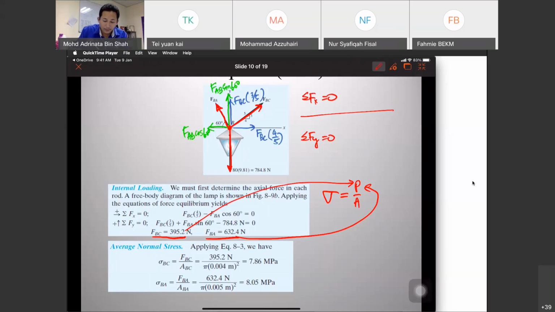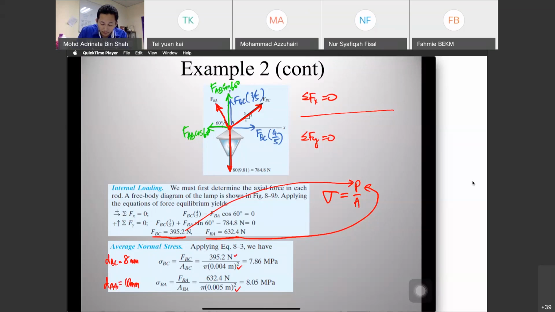Okay, so normal stress for diameter of BC is 8 mm, and diameter for AB is 10 mm. So calculate your A, and you get from the equation of equilibrium your FAB and FBC. So this is your stress, normal stress.